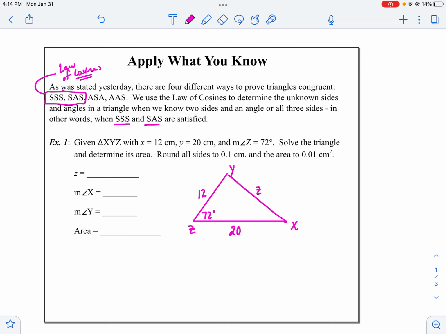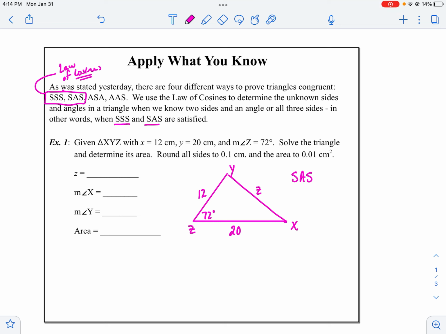Okay, so notice that here's a case where I cannot use the law of sines. In order to use the law of sines, I have to have a side across from an angle. When I look here, the only angle I have, I don't know the side across from it. And the sides that I have, I don't know the angles across from them. So that is what forces me. This is side, angle, side.